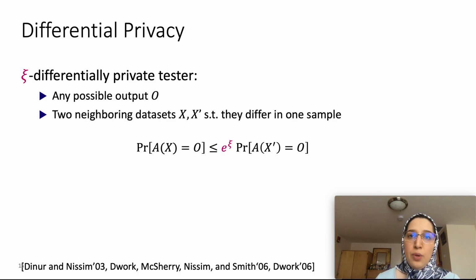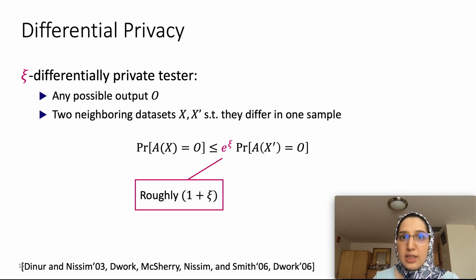In fact, we want the probability to change by at most e to the epsilon factor, where epsilon is the privacy parameter, and you should think of it as a quantity which is very close to 0. So basically, this says that the probability of outputting O remains pretty much the same.